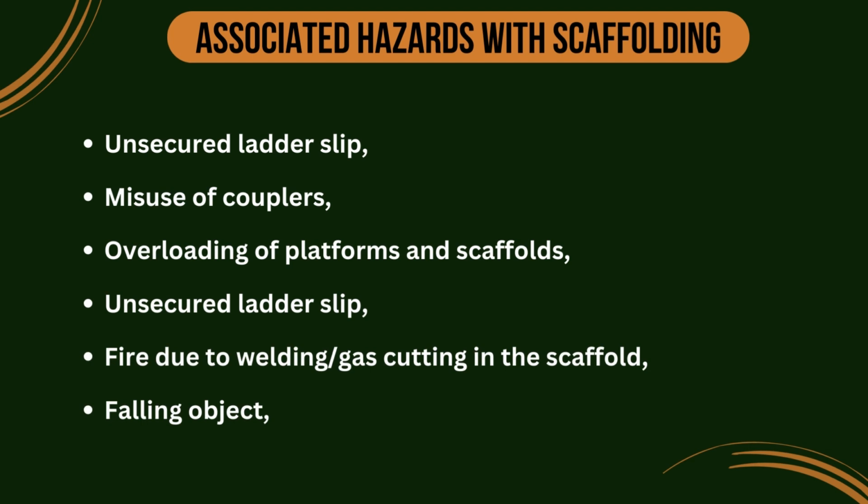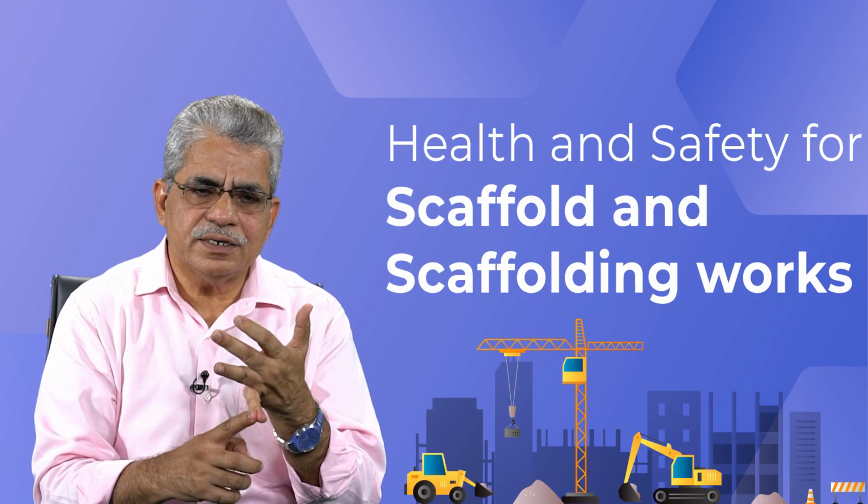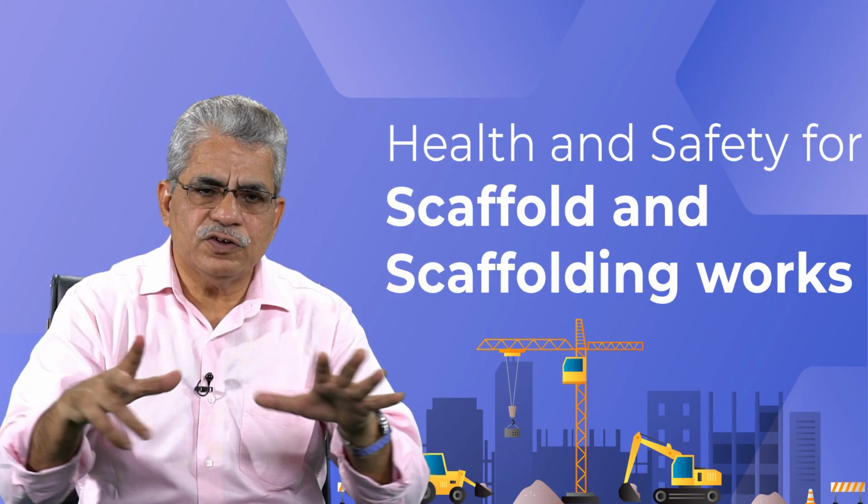Then falling objects, I discussed earlier also. Then falling of a person. As we discussed in the different cases earlier, there may be failure of material, failure of platform, failure of scaffold, or a case because of a small width of platform.